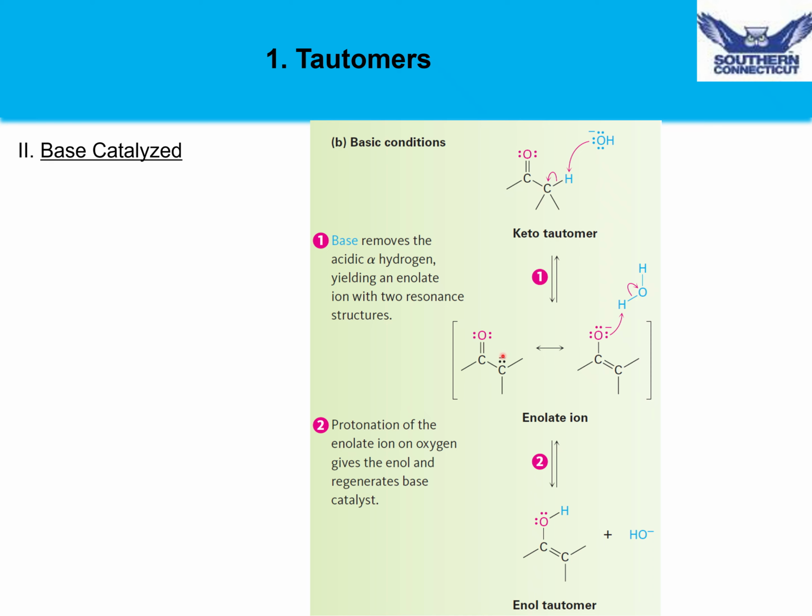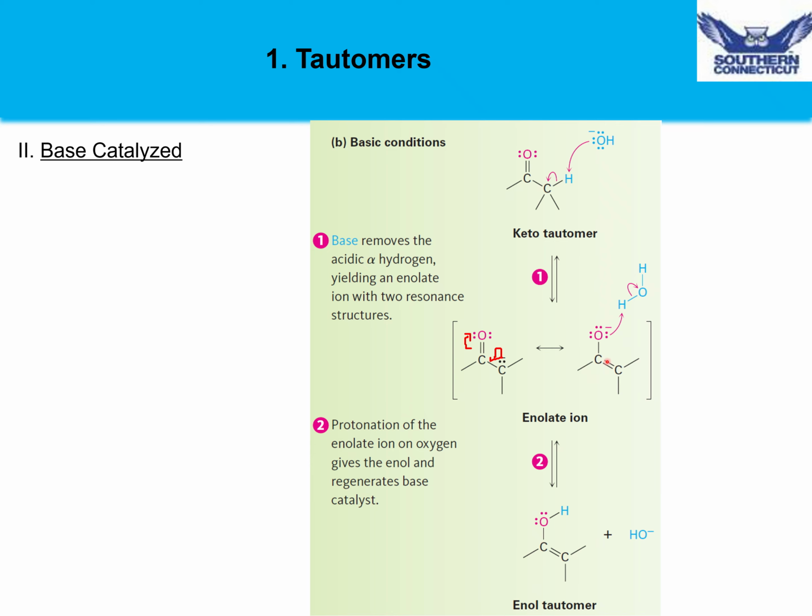Enolates have two resonance forms. So if we take this negative charge and move it here, we can put a double bond there. And if we move the pi electrons from the carbonyl to the oxygen, we will have now a single bond there and a negative charge on the oxygen.